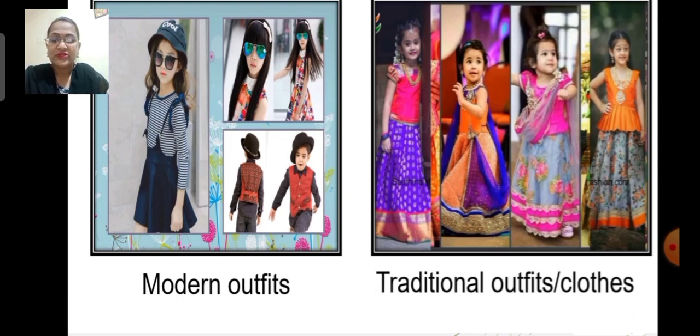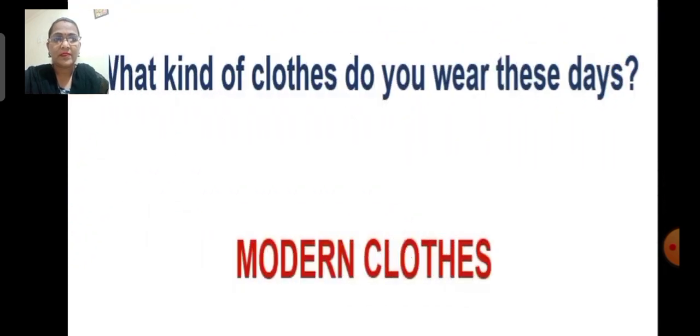You can see children wearing modern clothes, whereas in the second picture you can see the traditional clothes worn by the children. Isn't it, students? What kind of clothes do you wear these days, children? Yes, it is correct. It is modern clothes.